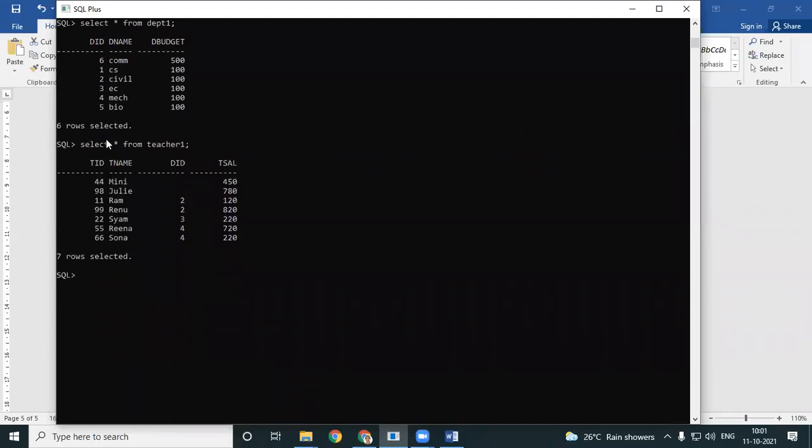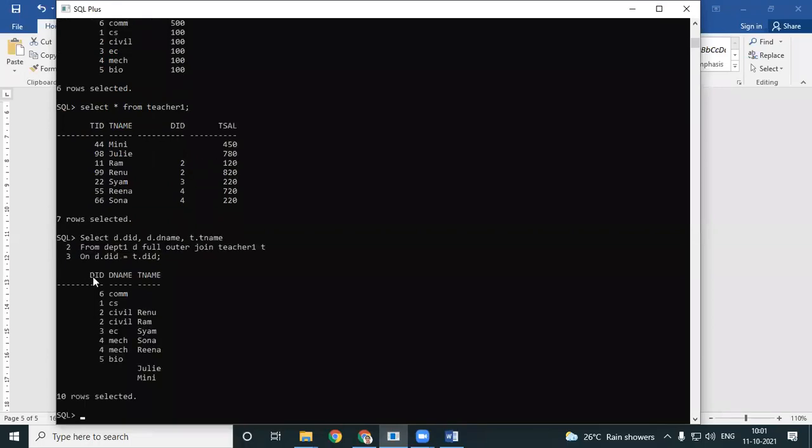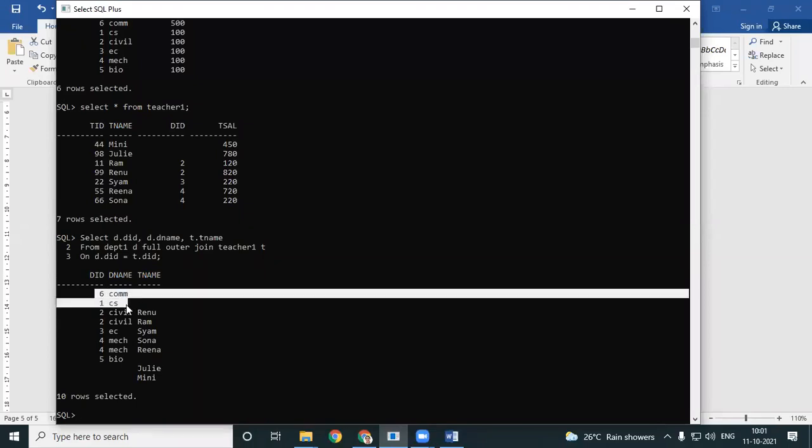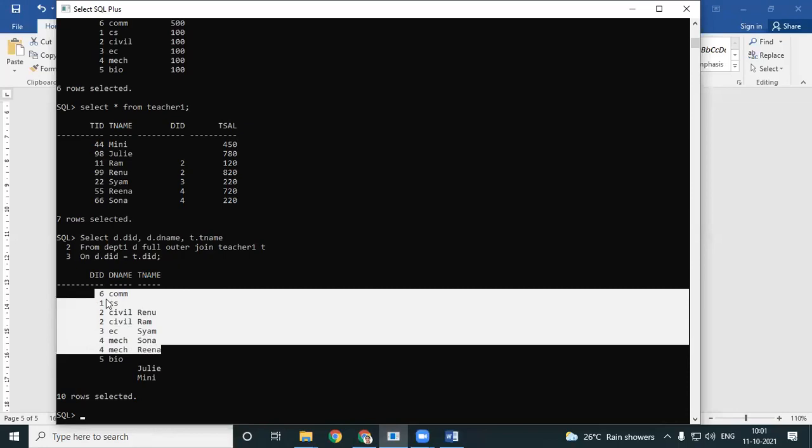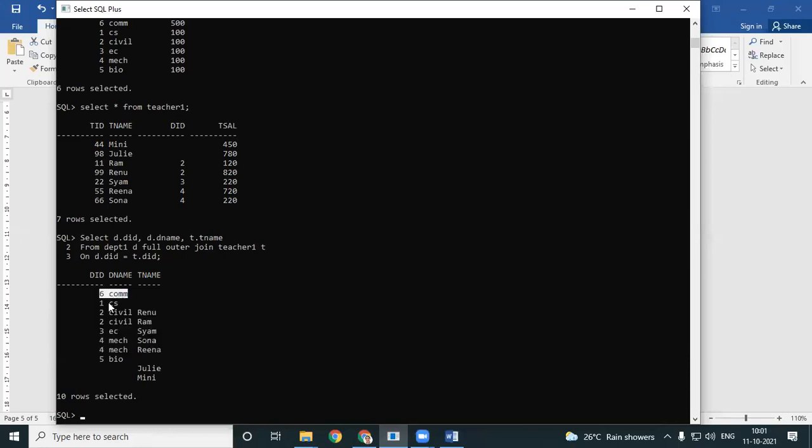Now look here. I am going to do my full outer join. Okay, look here. Full outer join is the combination of my left outer join. Okay, look at the left outer join. All the department entries, even the null things come. Commerce, CS, bio, they come.